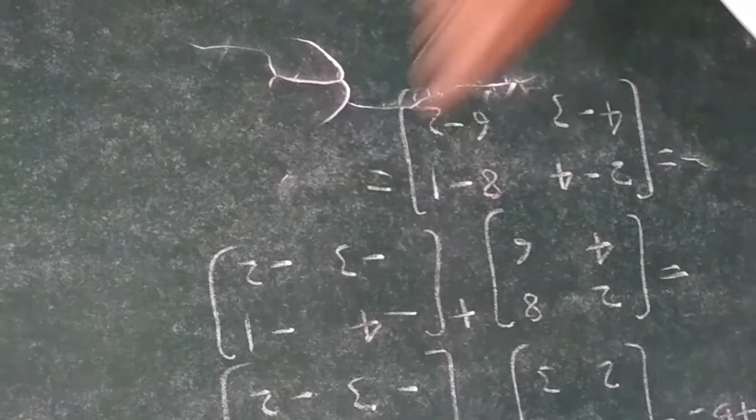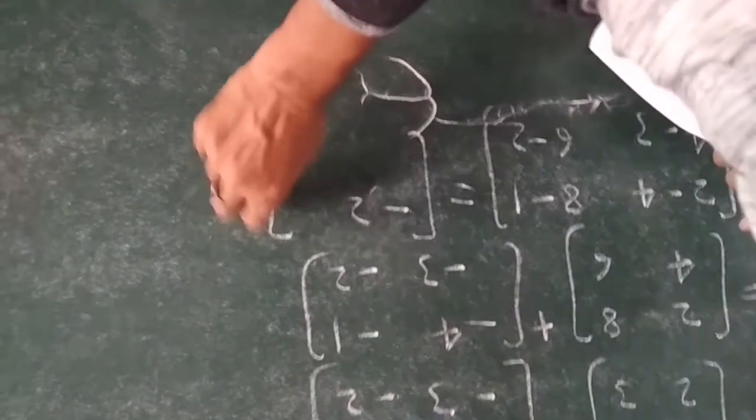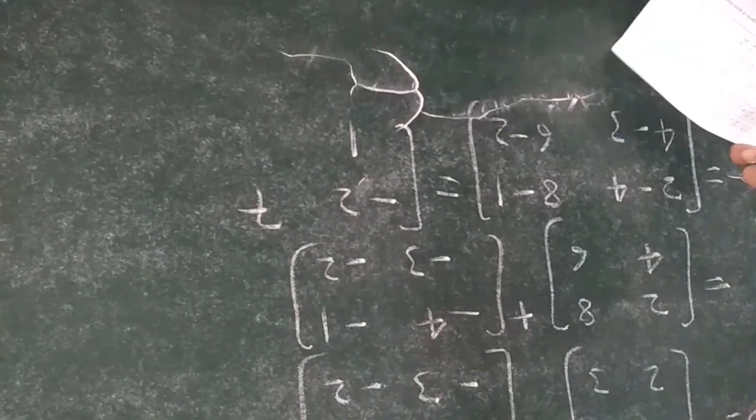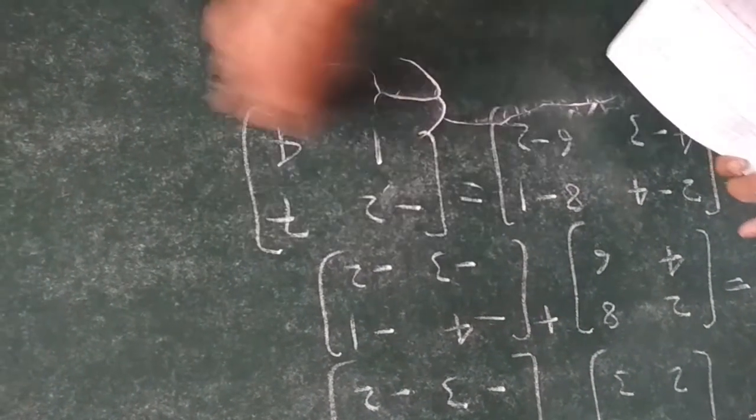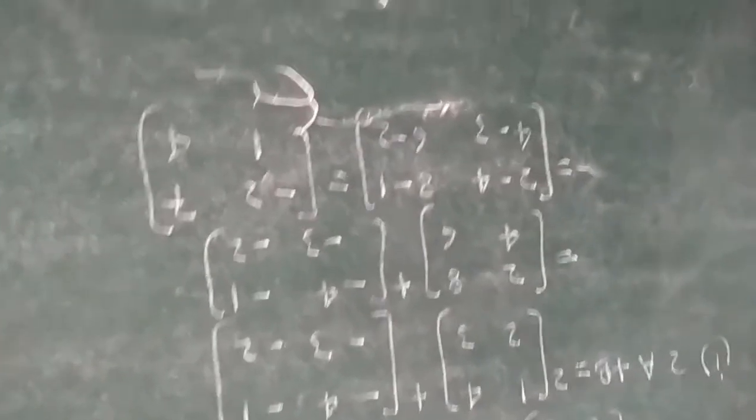Solve it. 2 minus 4 is how much? Minus 2. 8 minus 1, 7. 4 minus 3, 1. 6 minus 2, 4. So this is the answer. Another part you have to do yourself. Sixth question you have to do yourself.